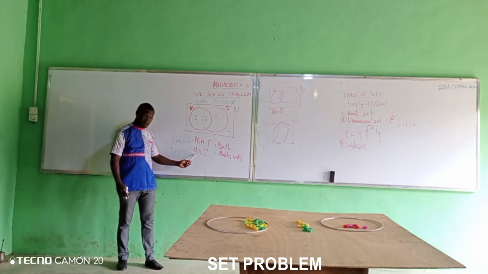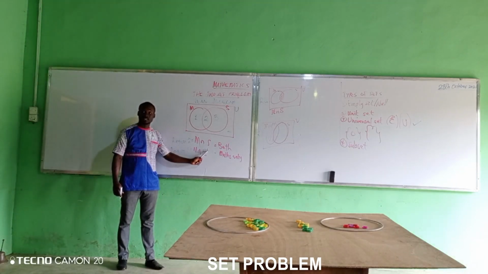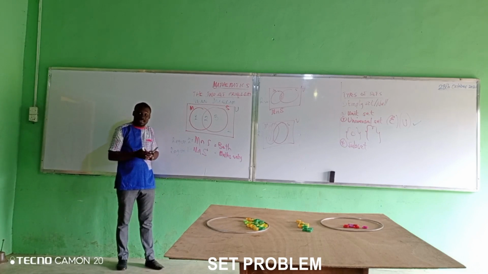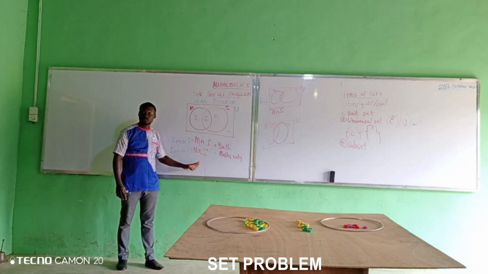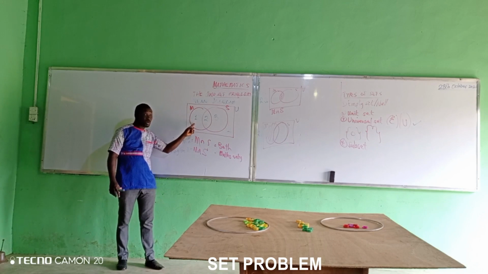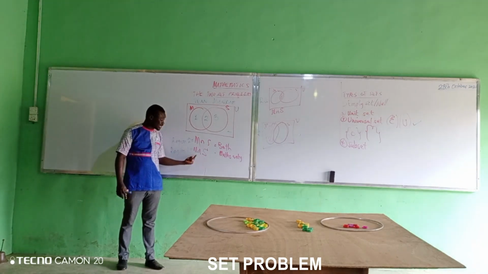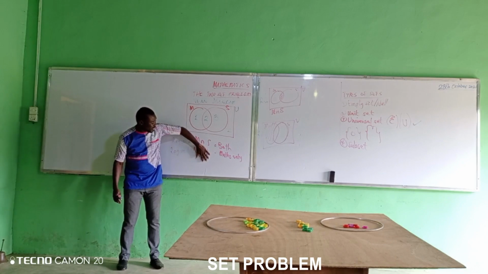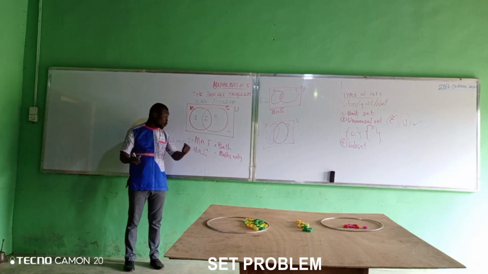So M intersection S complement. This means that you have taken the science part out, and it is what? Math only.